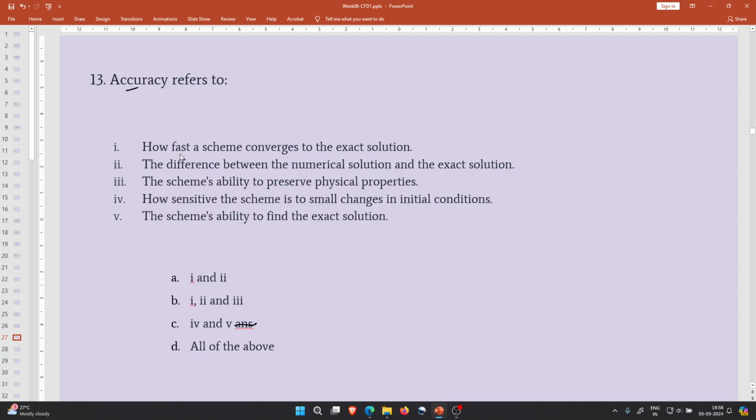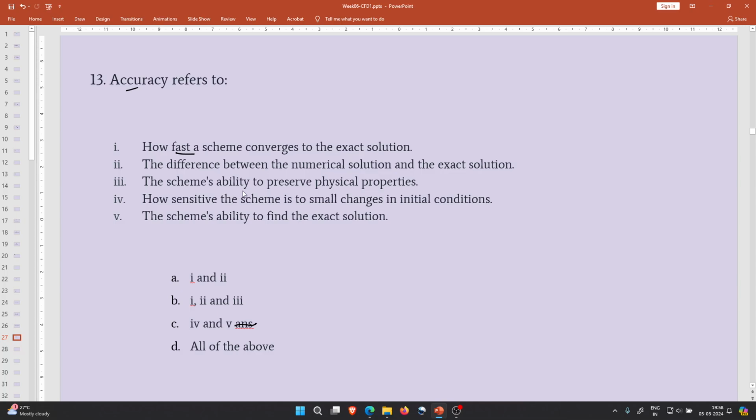It may not need to be fast, it should be accurate. So accuracy with respect to time or convergence doesn't have anything to do with accuracy. How fast won't be applicable for accuracy. Also, numerical solution and exact solution difference is not accuracy, it will be errors only.